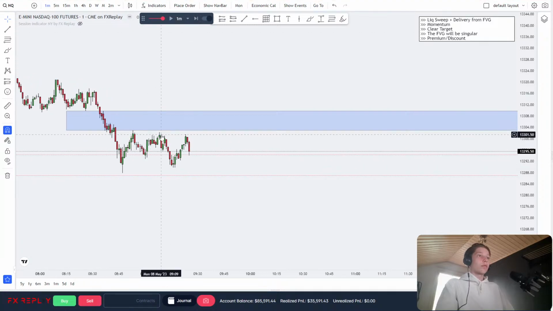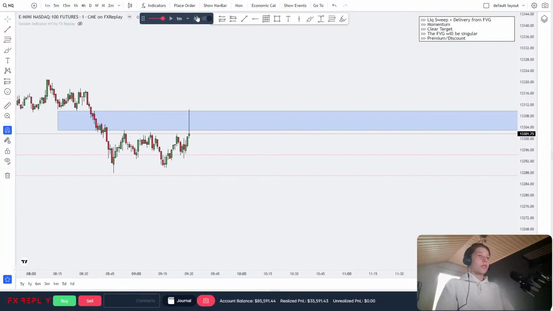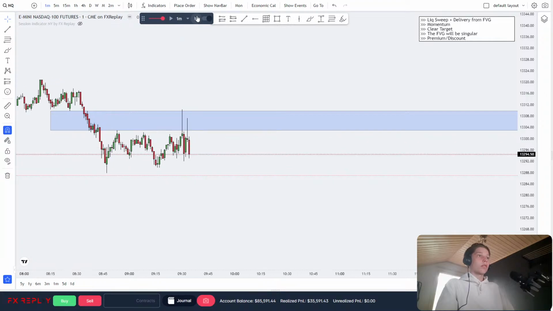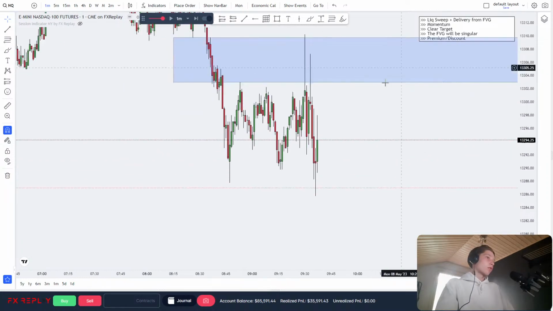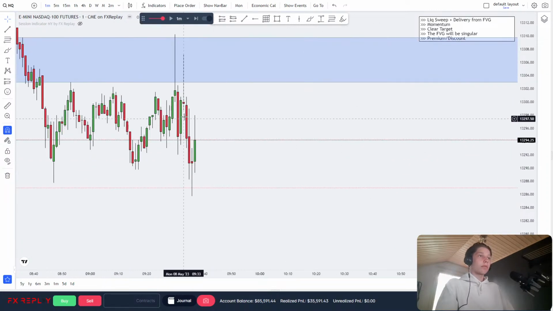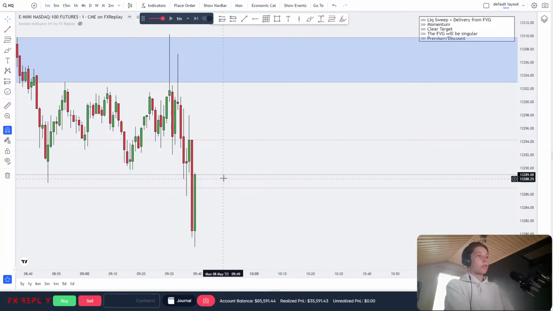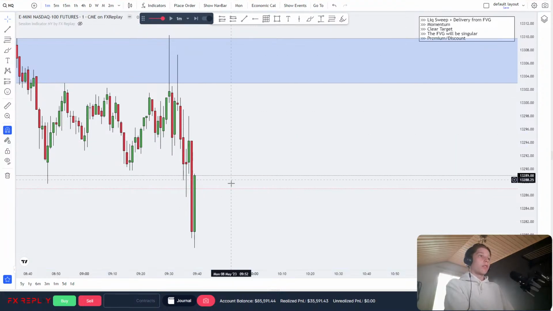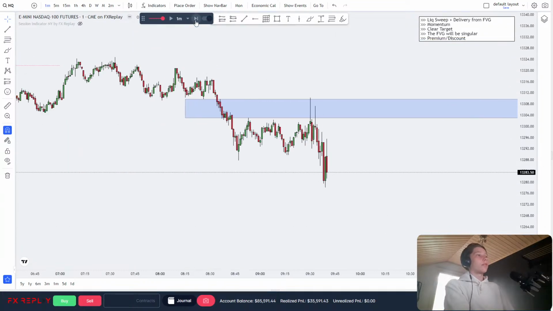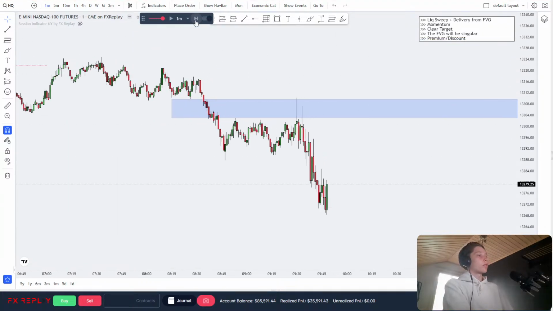Okay, relative equal lows. It's building liquidity up here, so we want to sweep that. You could have taken it, so that flips by, it's too choppy, I don't like it. The market doesn't give you the opportunity we are looking for.